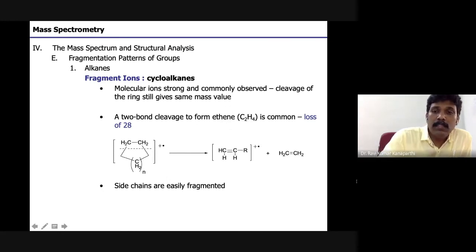So a neutral species will be eliminated from the cyclohexane, and then it will leave this type of species. Okay, and then suppose the cyclohexane has a substituent and it fragments: the fragment will leave as a radical. For example, if you have methyl or ethyl cyclohexane, the ethyl or methyl will leave as a radical.